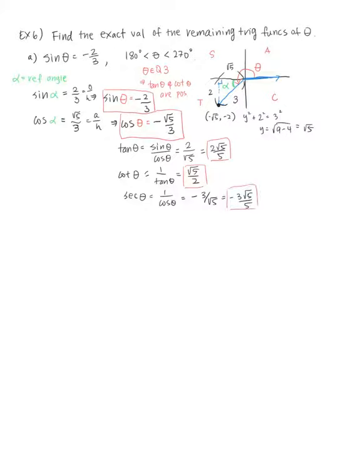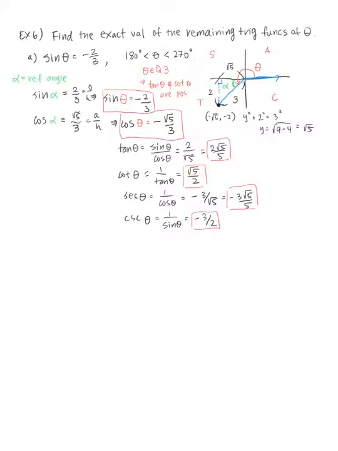And then cosecant is 1 over sine of theta. So here you're going to have negative 3 over 2, which makes sense because cosecant and secant should be negative in quadrant 3. So that's one way to do it.